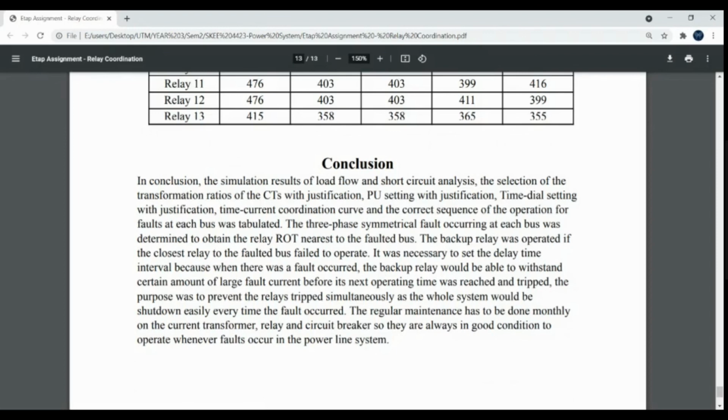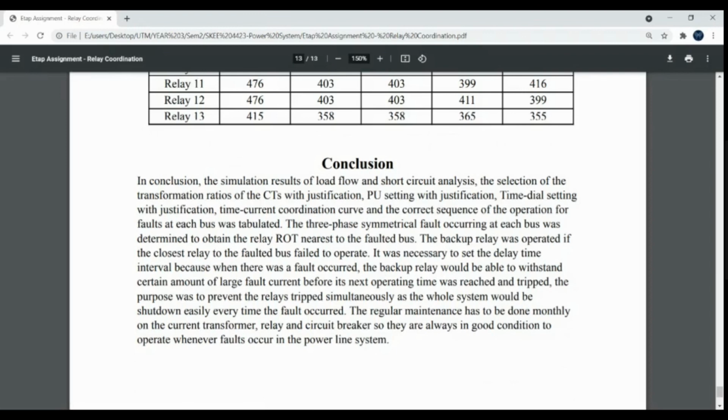The backup relay was operated if the closest relay to the fault bus failed to operate. It was necessary to set the delay time interval because when a fault occurs, the backup relay would be able to withstand a certain amount of large fault current before its next operating time was reached and tripped.